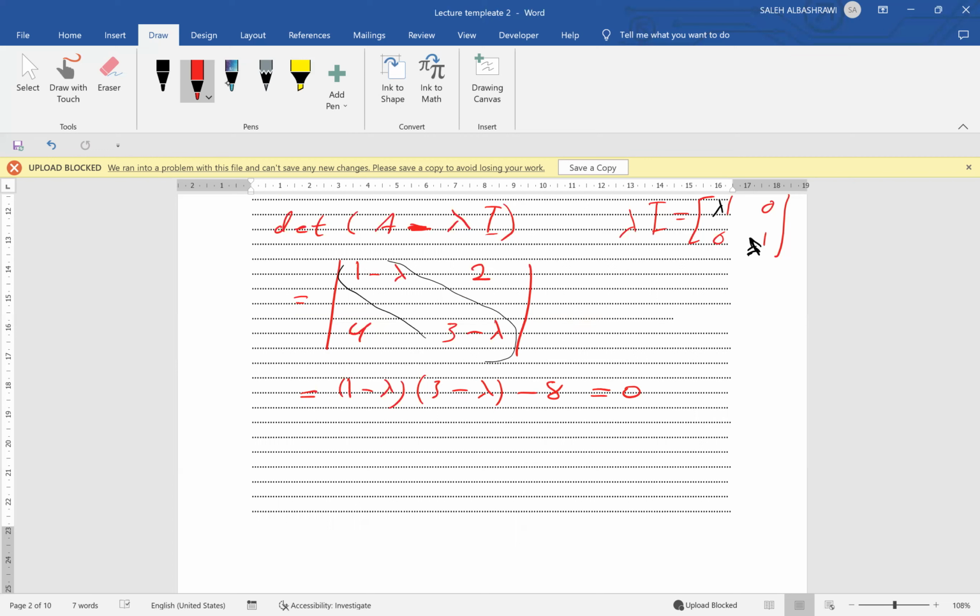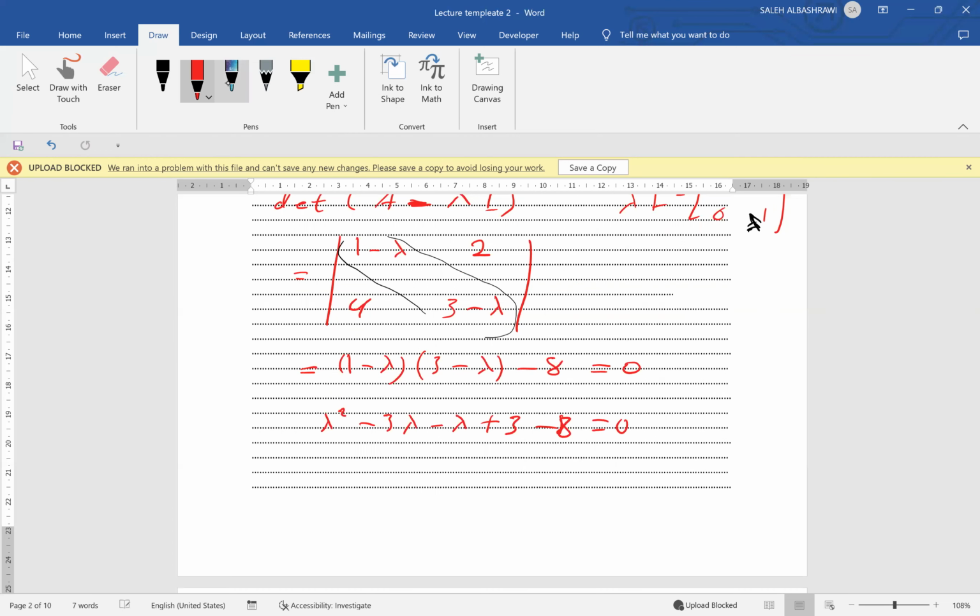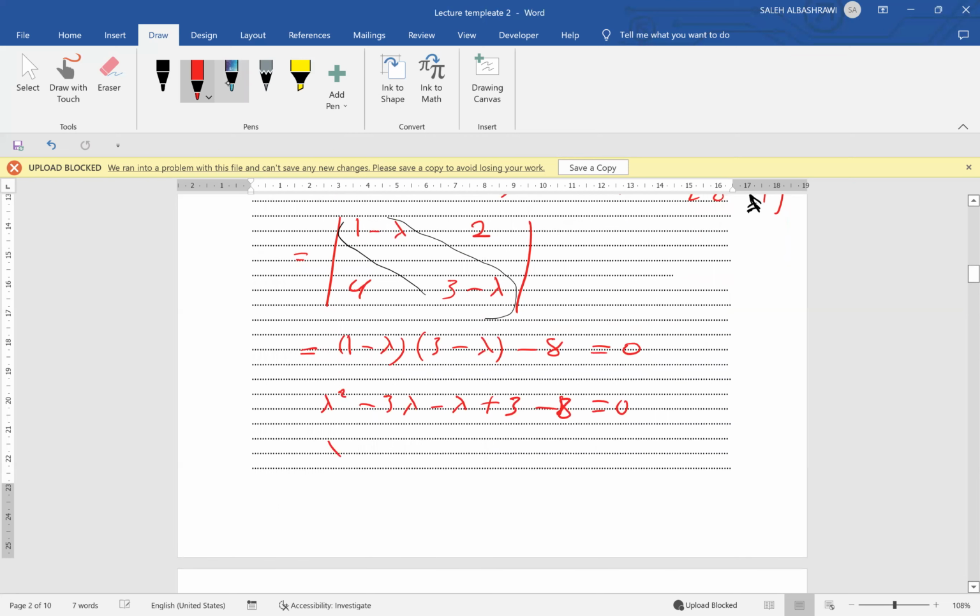We multiply, I will get lambda square minus 3 lambda minus lambda plus 3. Just open the bracket, we have this equation, which can be written as lambda square minus 4 lambda, 3 minus 8 is minus 5, equal to 0.